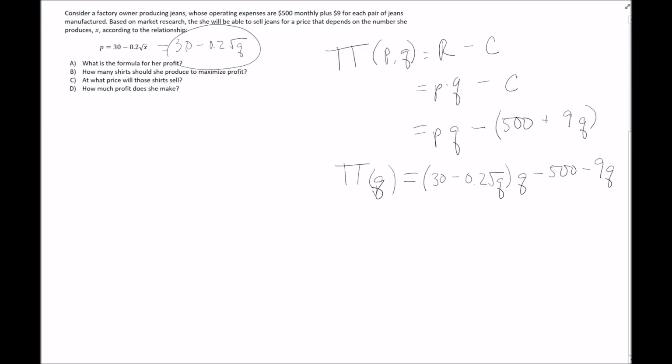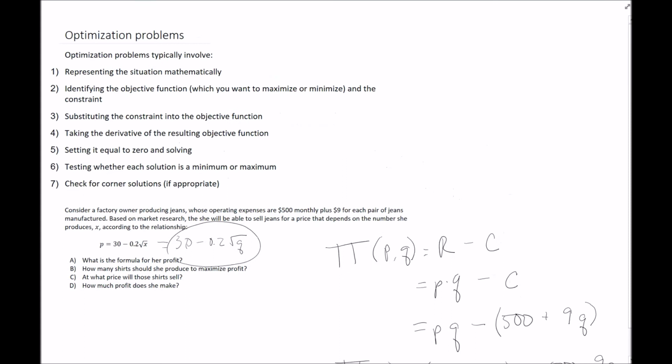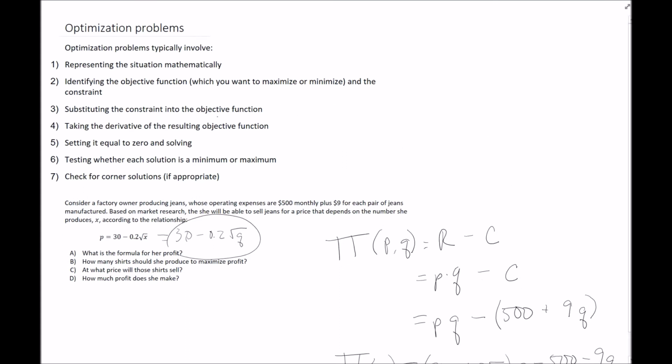I want you to notice, going back to the original rules that we started off with, I talked about an objective function and a constraint. And the constraint, in other words, the thing that the producer does not control, is she has no control over this relationship between quantity and price. That's set by the market, outside of her control. So what we do is we substitute that in.